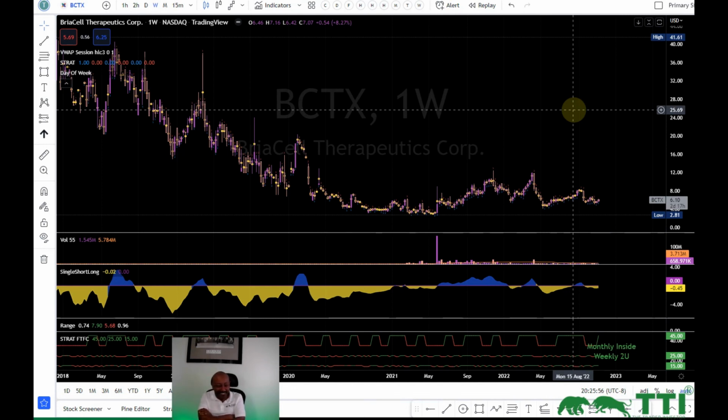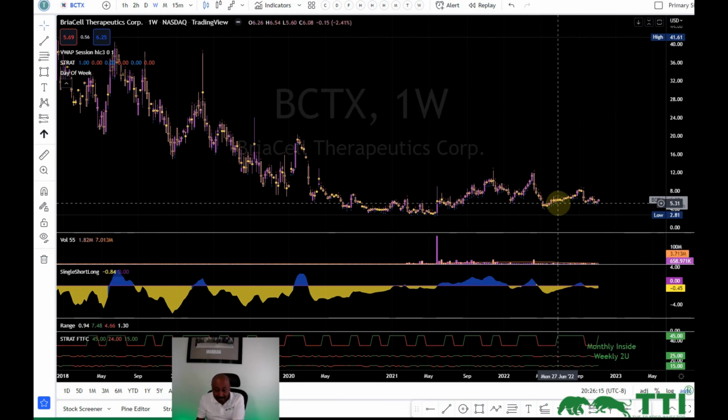I entered at low, like 805 or something, and then we went up to like 12 or 13, and now it was a quick reversal. I bought it somewhere down here, when I bought the options.